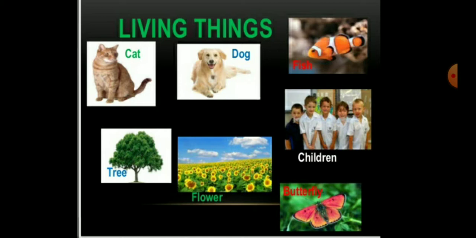If we consider an animal like a dog or cat, a plant like, for example, a neem plant, rose plant, and we consider non-living things like chalk, duster, blackboard, table, pen, pencil, eraser, all these things possess mass, shape, and occupy space.